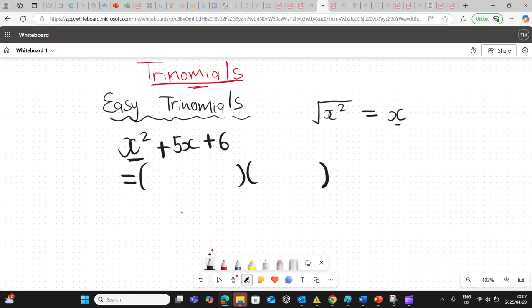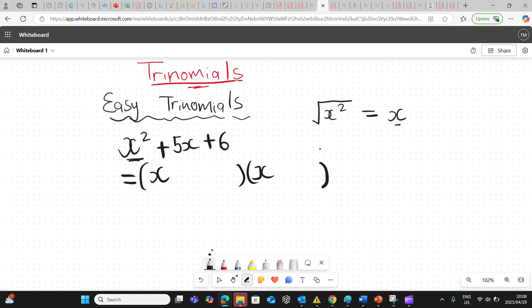That x would go in the first position of both brackets, as you see in the picture.